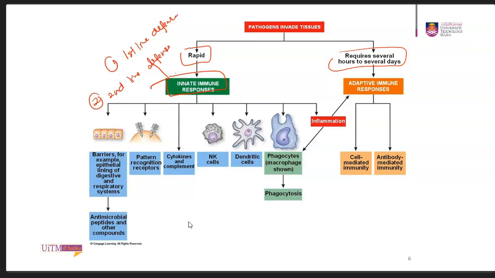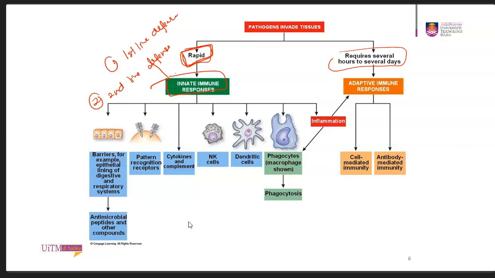Why does it say here that the response is rapid? Because your skin is already there. There is no need to generate new skin. Your skin is already there to protect from the entrance of any pathogen. So that's why it is called rapid.